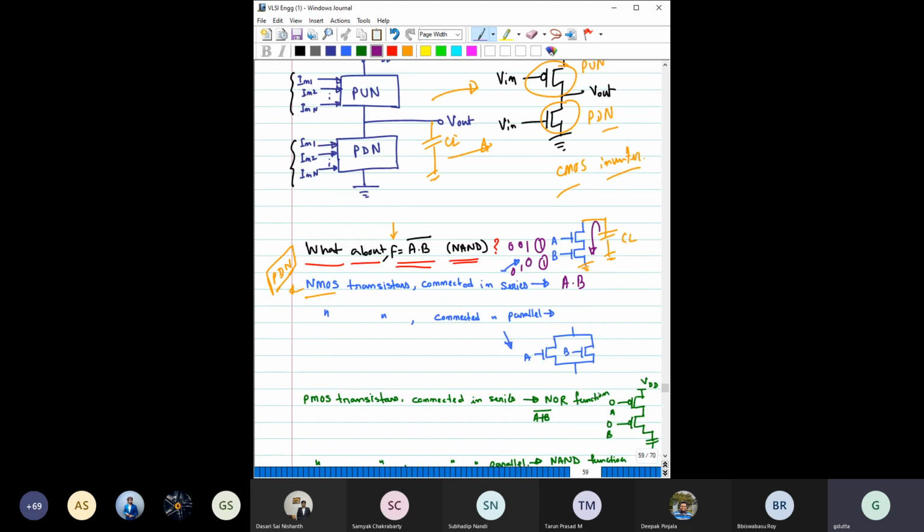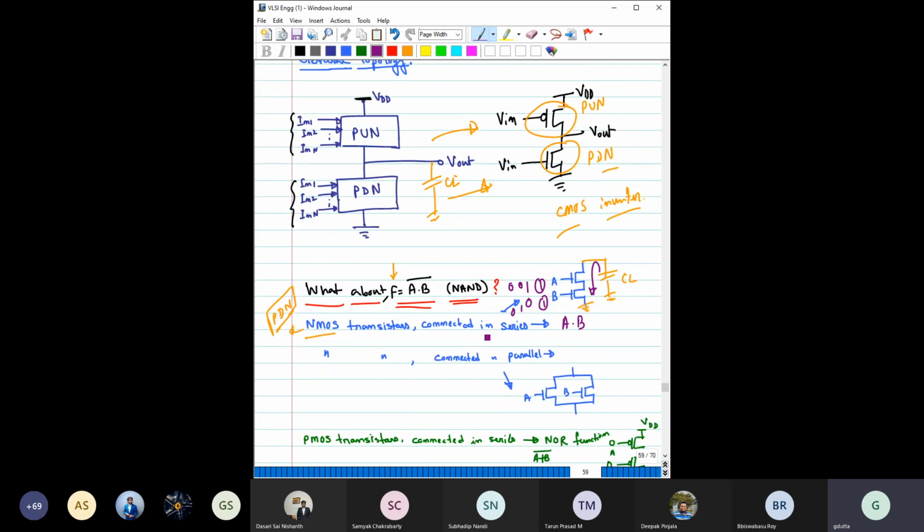Now, what will happen if you connect two NMOS in parallel, say like this? Again, just think from the same perspective. If you give 0 1, now it can discharge. If you give 1 0, now also it can discharge. If you give 1 1, it can discharge.